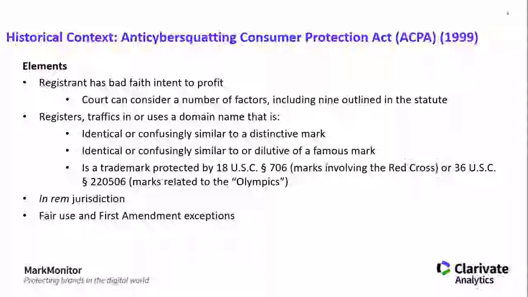Finally, there was the Anti-Cyber Squatting Consumer Protection Act, which is fairly widely used today. That was, again, litigation, which can be expensive and time-consuming for brand owners. And so the ACPA was and remains a viable option for brand owners when there are infringing domain names registered.